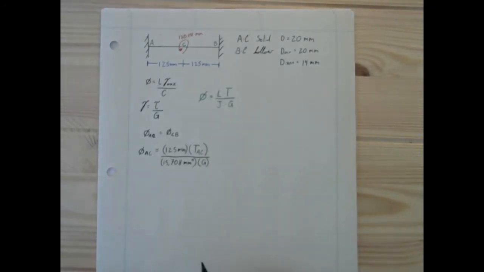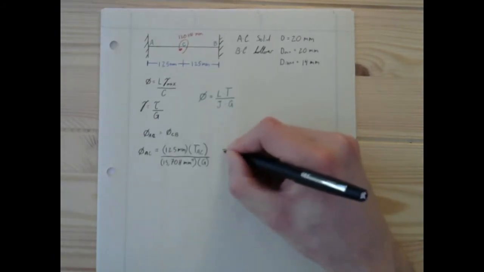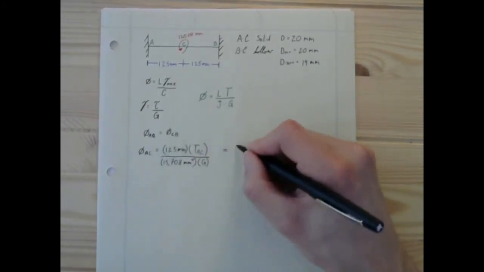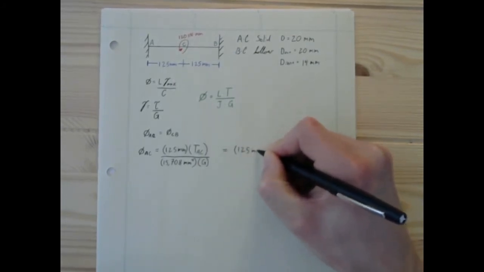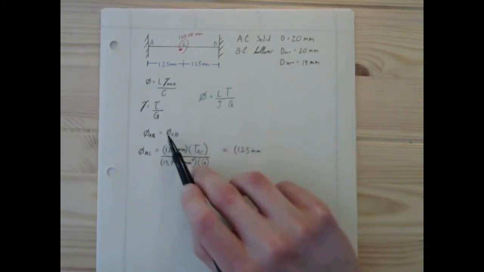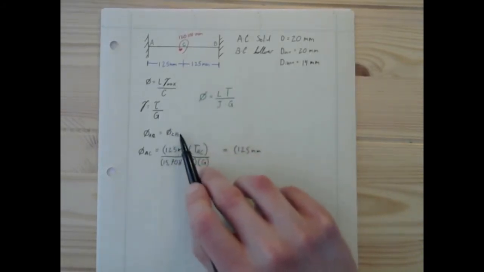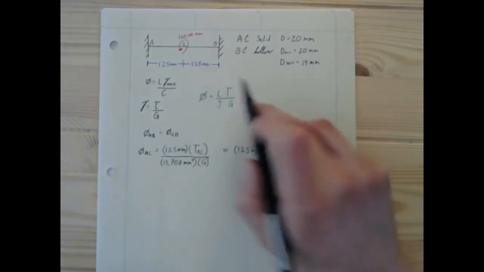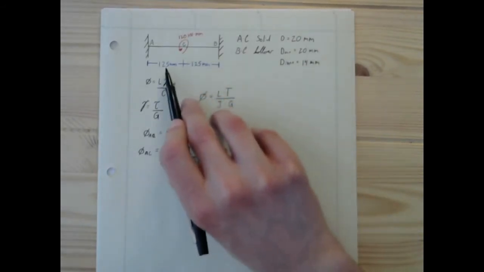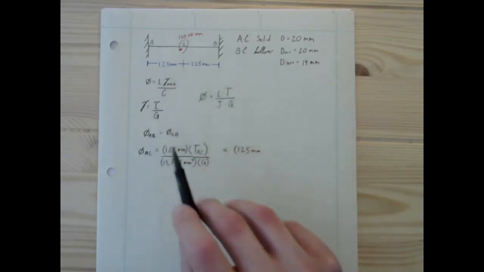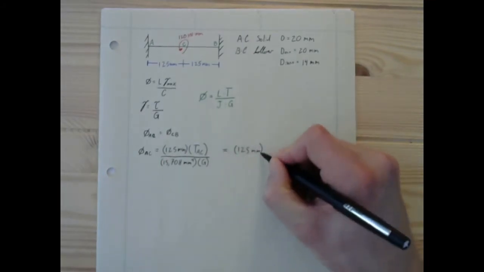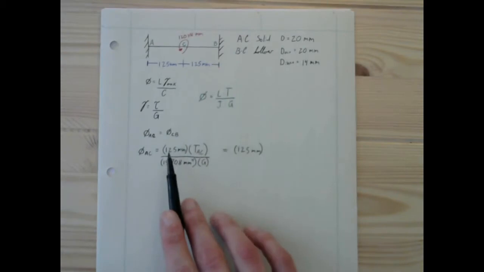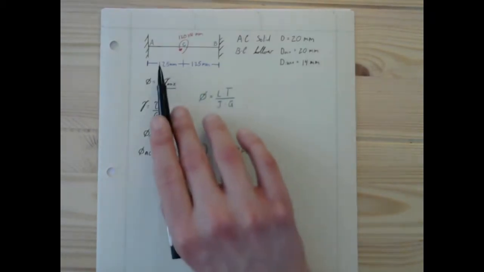We won't worry about the shear modulus because it's going to be the same in both cases. We're saying that this has to be equal and opposite. So it's going to be equal to the rotation from C to B, which will be this 125 millimeters rather than this 125 millimeters. So it's 125 millimeters for both of them, but this one is this length, whereas this one right here in the AC is this one.